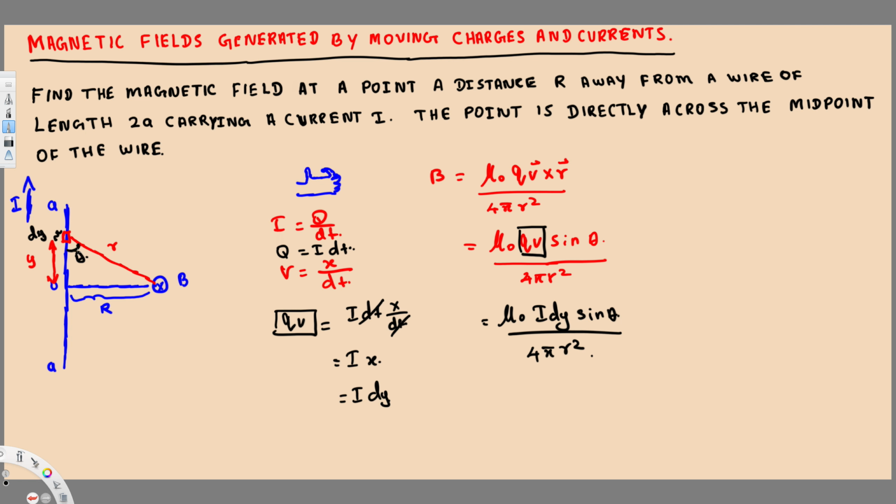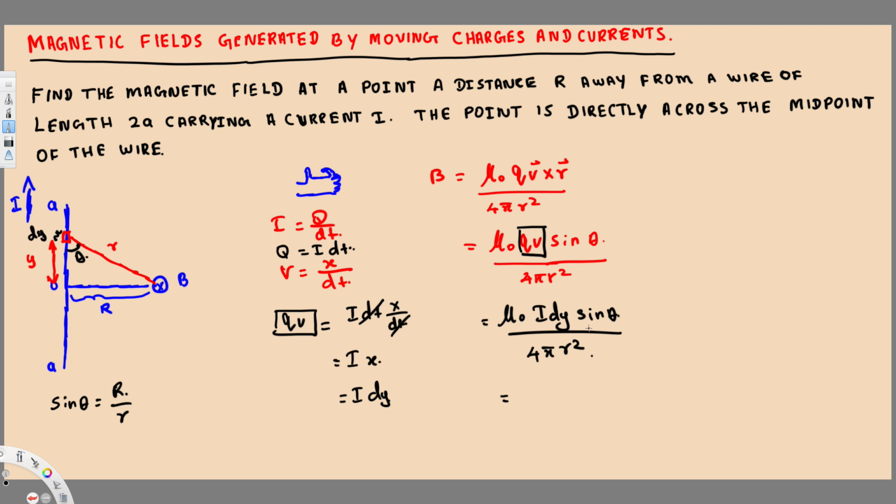If this is theta, then the opposite is going to be capital R, and the hypotenuse is small r, so sin theta is R over small r. Now we can replace this one with R over small r, so this is going to be R over r cube.